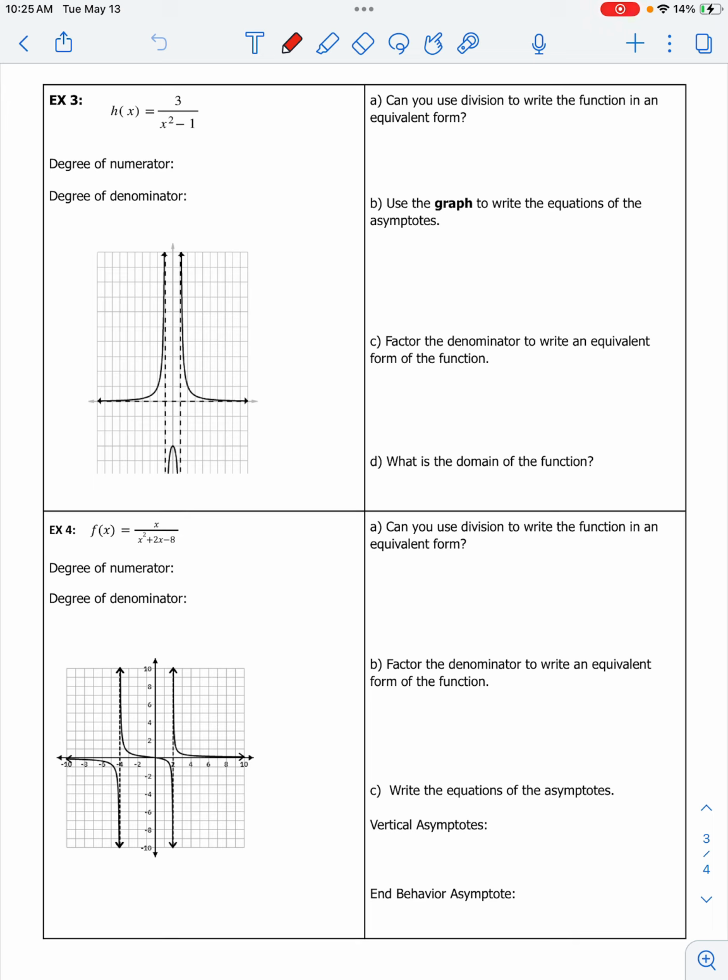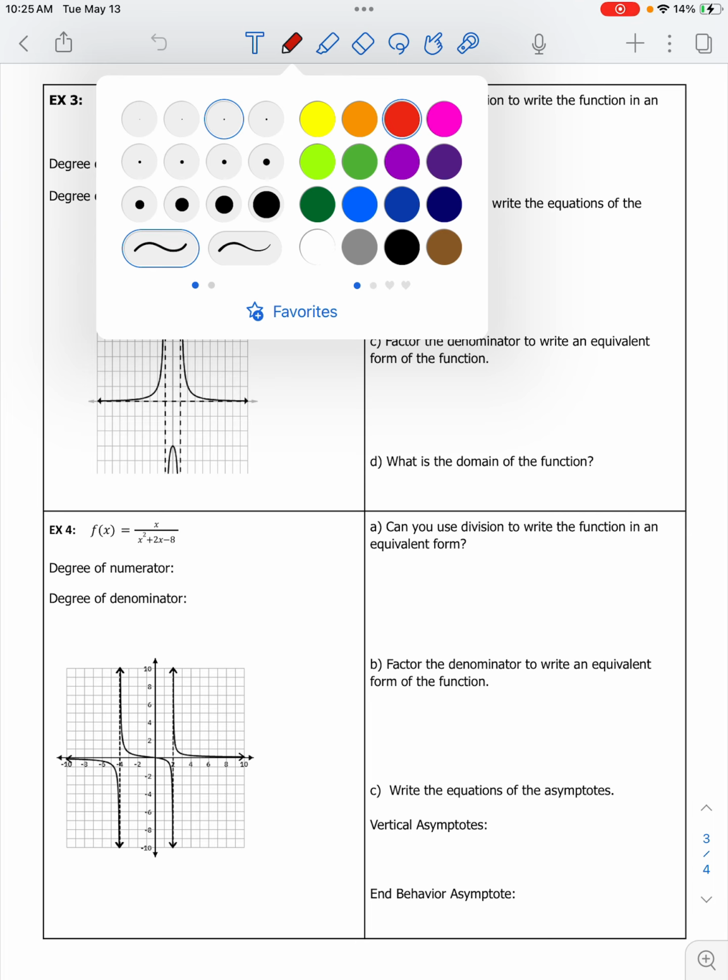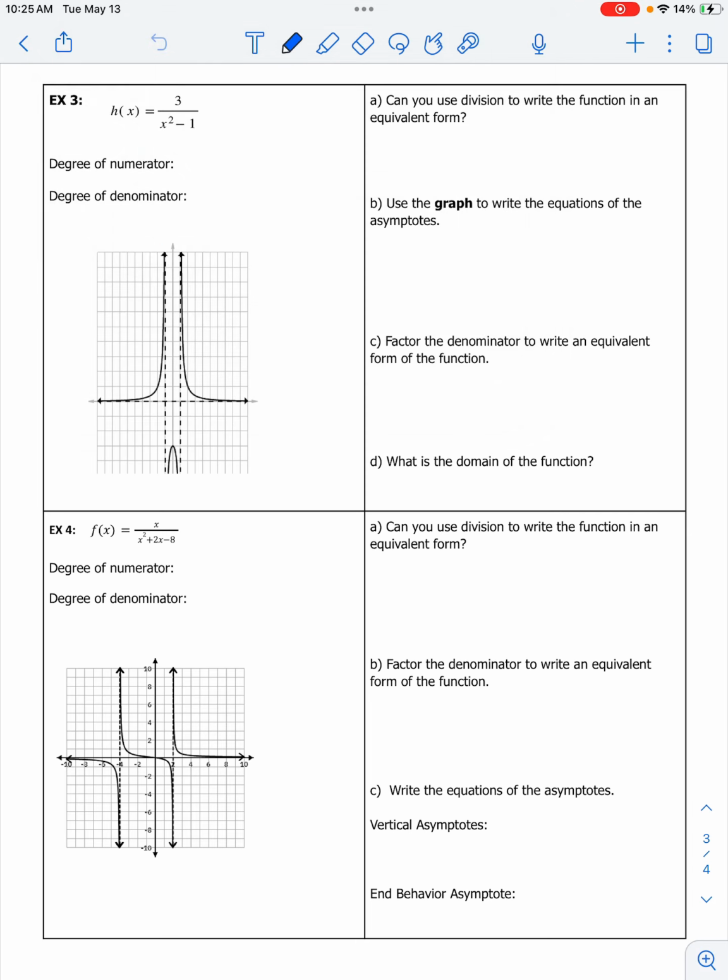Okay, so looking at question number 3. Right away, I can see that my degree in the numerator is 0 because there's no x term. The degree in the denominator is 2, so the numerator degree is smaller than the denominator degree. Now, could I divide 3 by x squared minus 1 if I tried to do that?